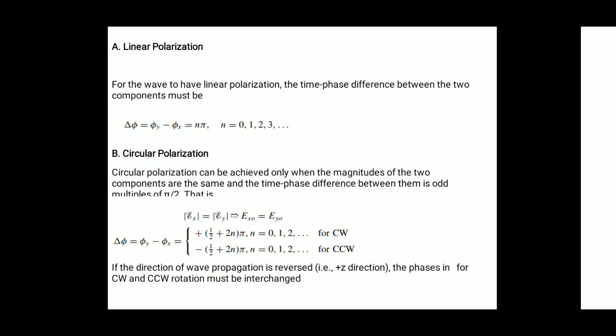Basically, in circular polarization, there are two types: clockwise and counterclockwise polarization. Now, if we change the direction to the positive direction, then the clockwise and counterclockwise polarizations are interchanged.